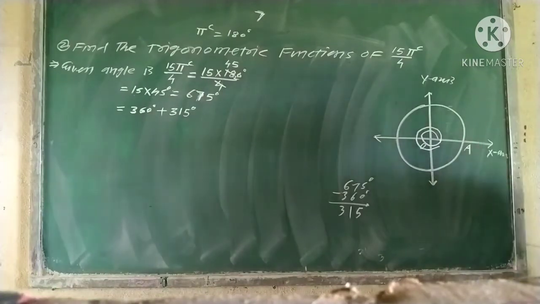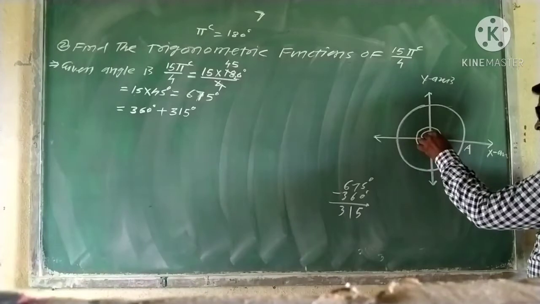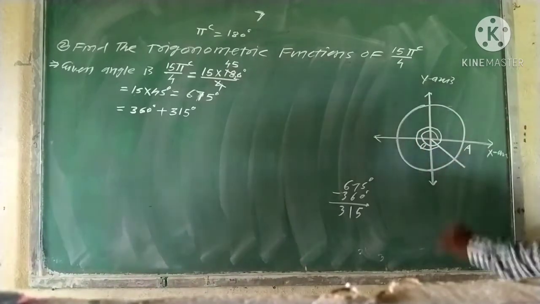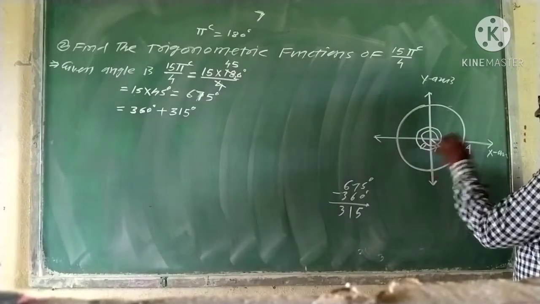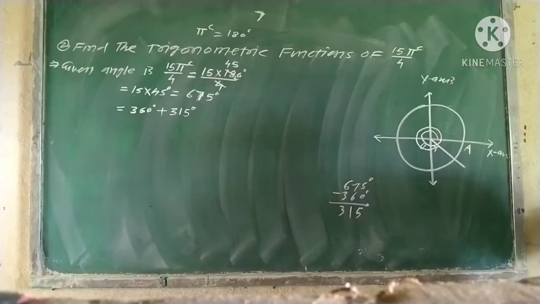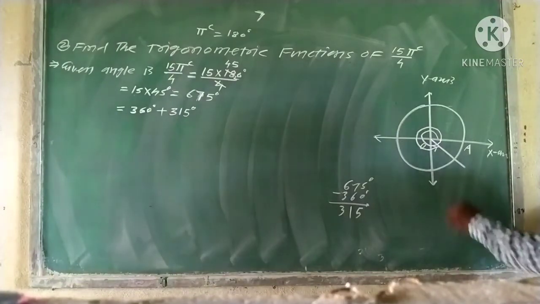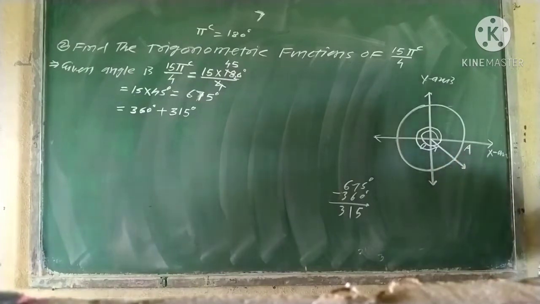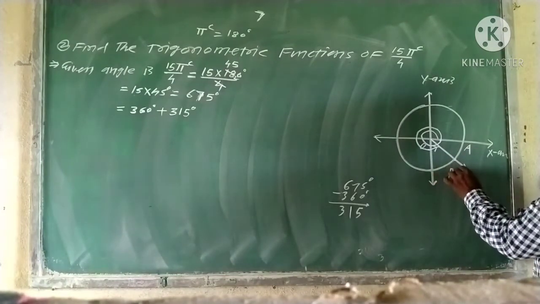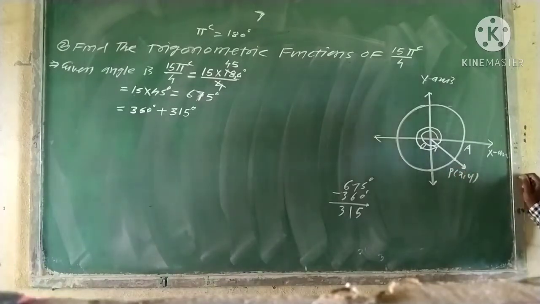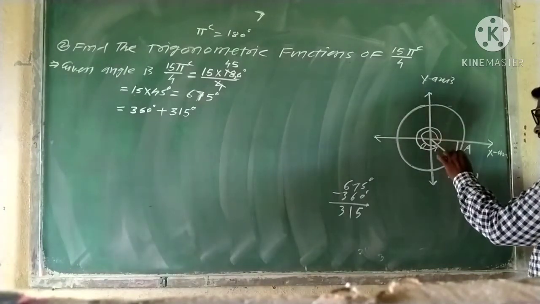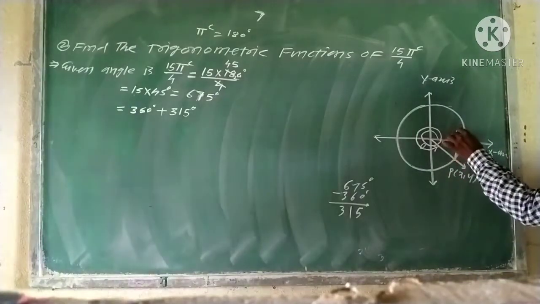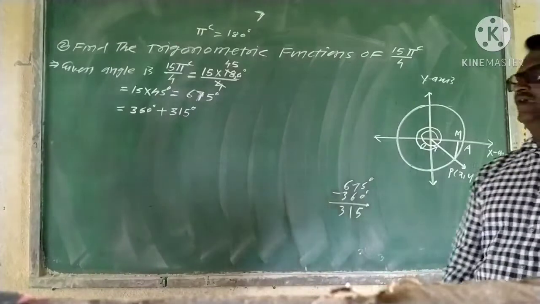Now we draw the terminal ray, showing its direction. On the terminal ray we consider the point P having coordinates x, y. From the point P we draw a perpendicular on the x-axis which meets at the point M.